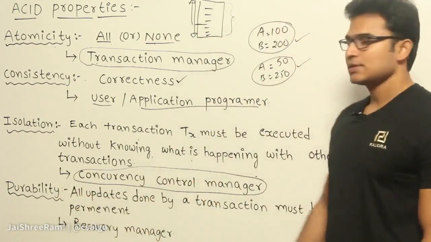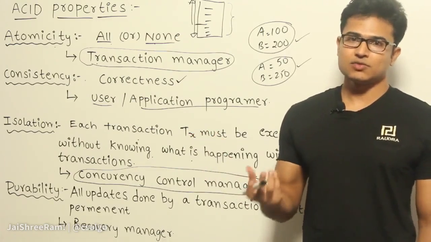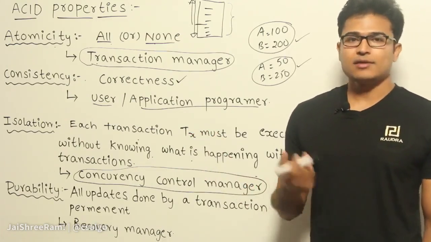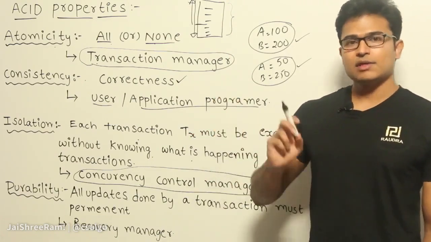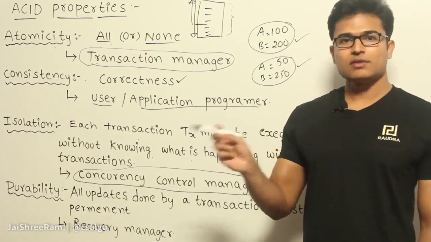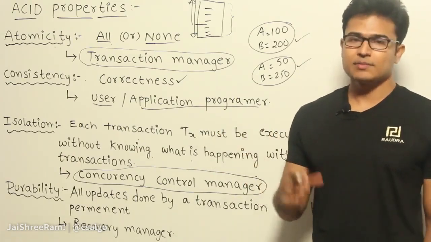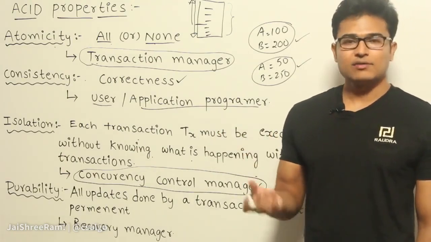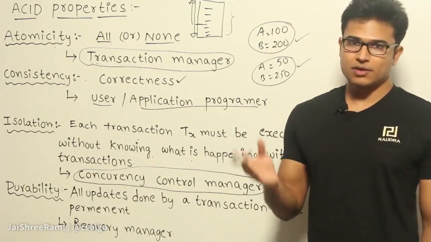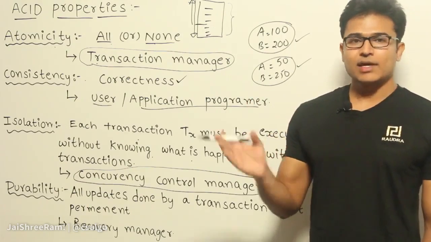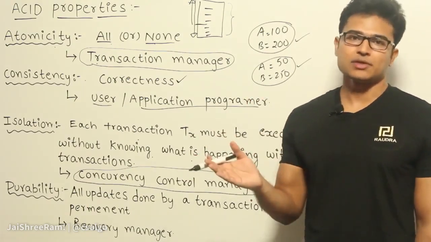Durability means let us say we have made some changes to some database element, and after doing it you are supposed to save it somewhere, and if you save it in the hard disk, then it is going to be there forever, right? Now let us assume that before saving it to the hard disk something happens, such as a power failure or some error, and you have stopped the transaction. Again when the power is up, you should be able to maintain that information, right?